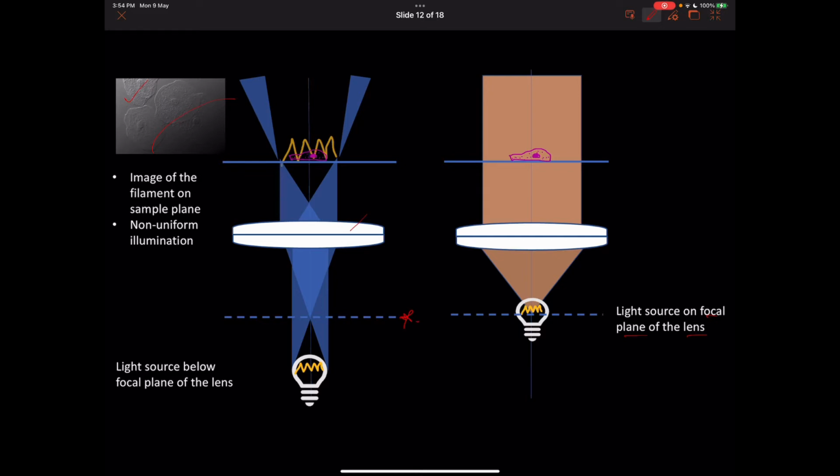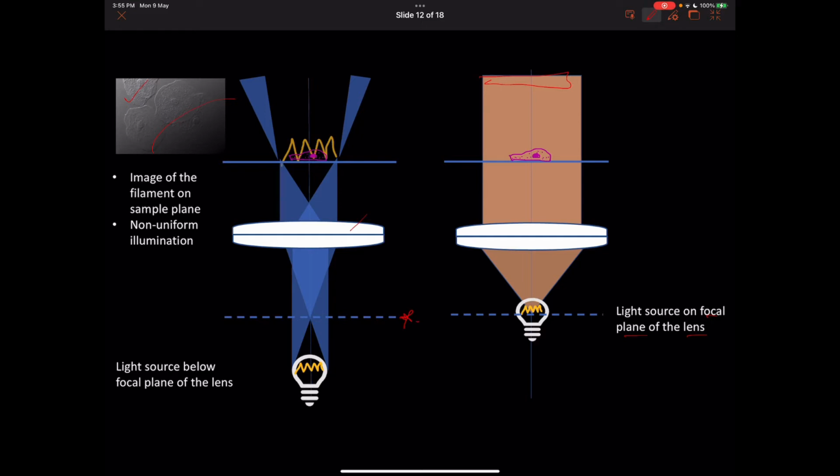You can see that this entire beam of light illuminates your entire sample in a uniform manner from every place. The non-uniform illumination was happening because your light source was placed before the rear focal plane of the condenser lens.